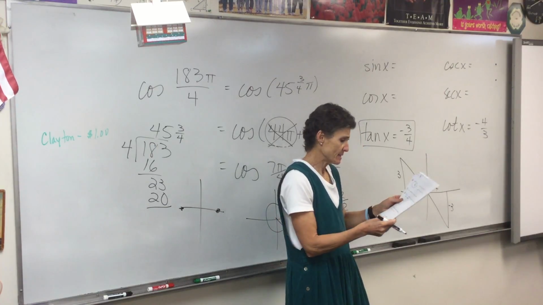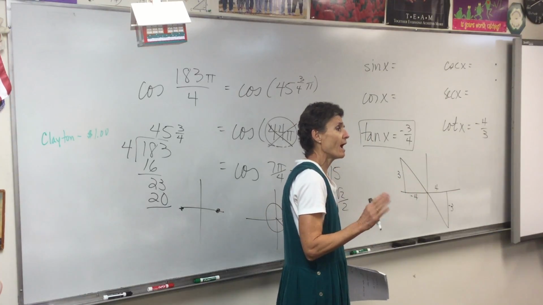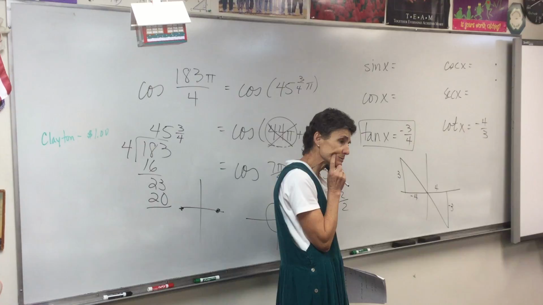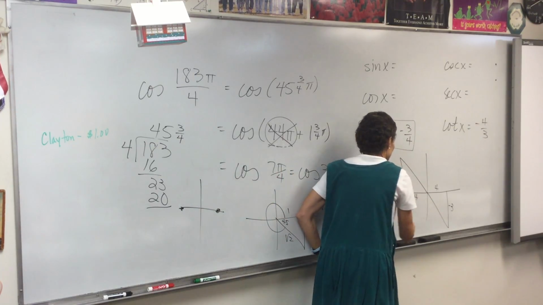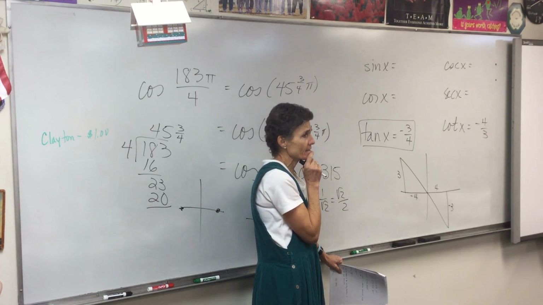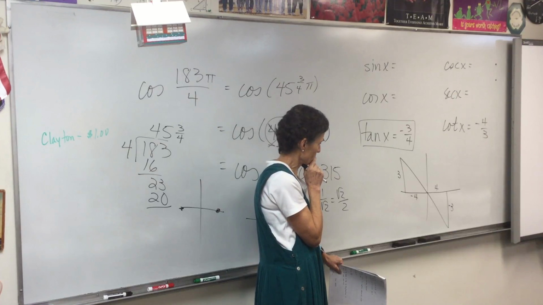So then they gave me this additional piece of information. They said, whatever the sign is, it has to be negative. Which of these would have a negative sine value? Which quadrant there would have a negative sine?